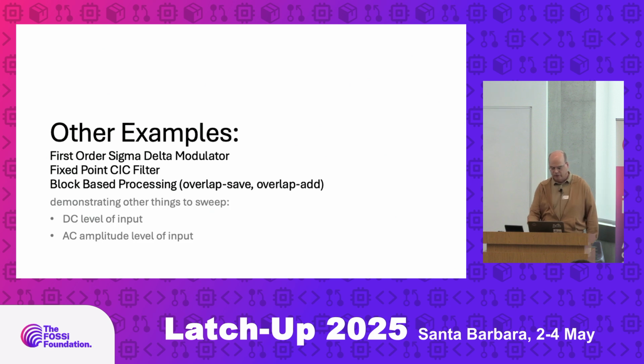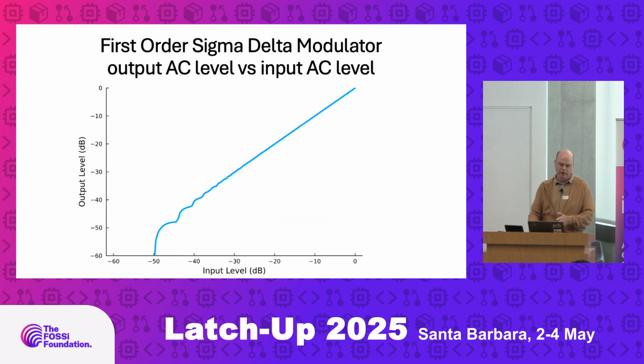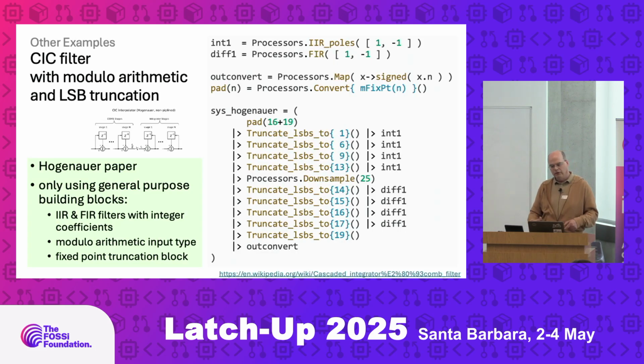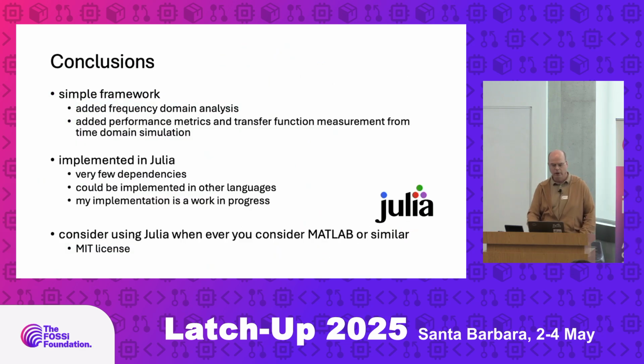I've got some other examples here. First order sigma delta. This is an example of sweeping DC. This is an example of sweeping AC signal level. CIC filter here, which is a lot like I discussed at ORConf. Block-based processing, overlap add, overlap save type stuff. So it's really quite a flexible setup.